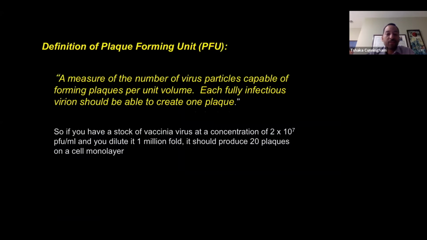It's the measure of the number of virus particles that are capable of forming a plaque or killing a cell on a tissue culture plate. When we put cells in a plate in the lab, we can add the virus to it, then count the areas where the virus is killing the cells and estimate how many viruses we have in the solution, right?